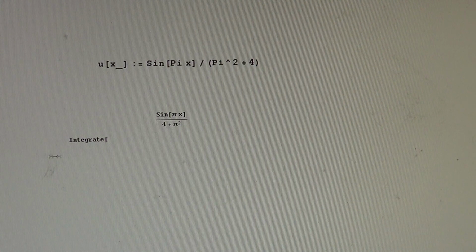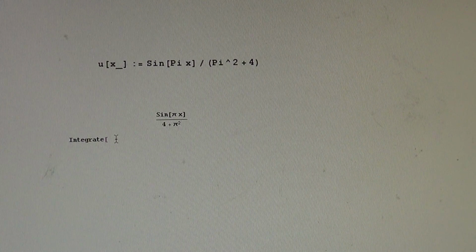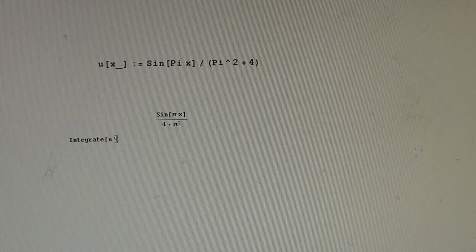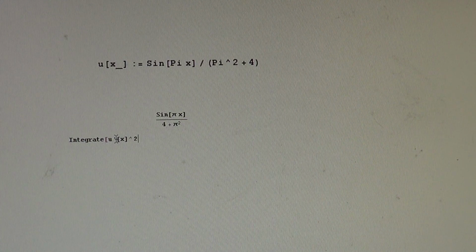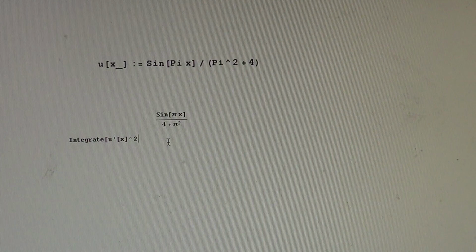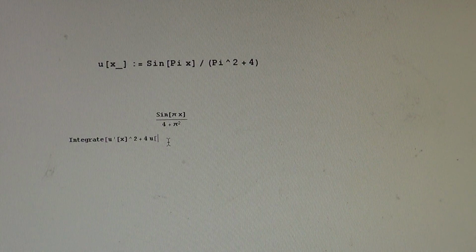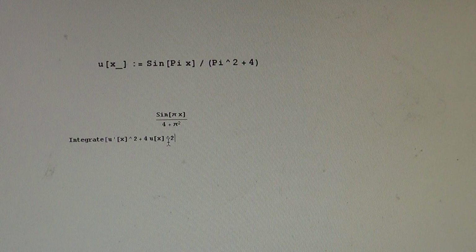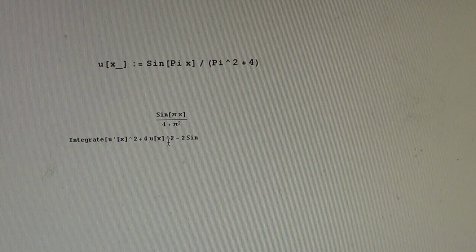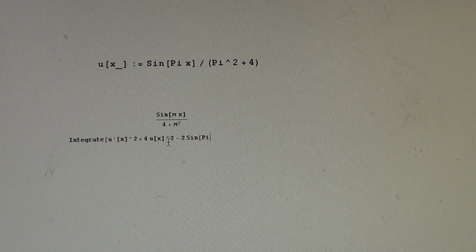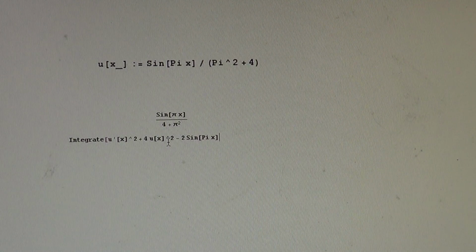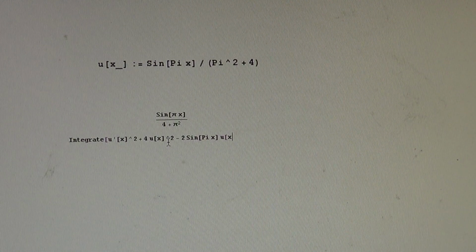Integrate the derivative of u of x, square, plus 4u of x square again, minus 2 sine pi x, and u of x.